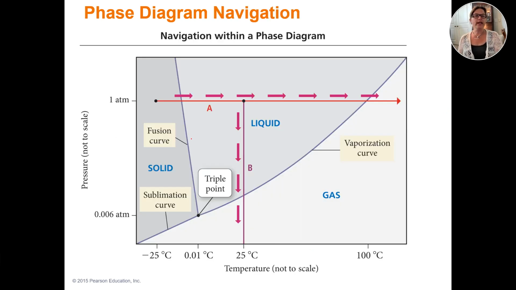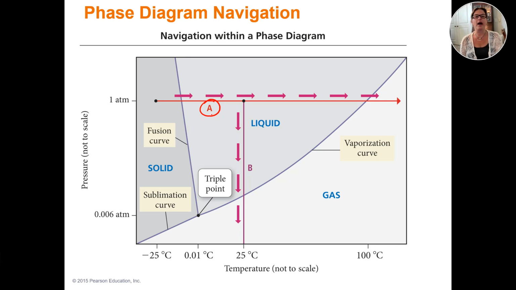So if I'm looking at a phase diagram, I need to be able to say, okay, let's look at A right here. Where it is drawn currently on our phase diagram, it is in a liquid phase.